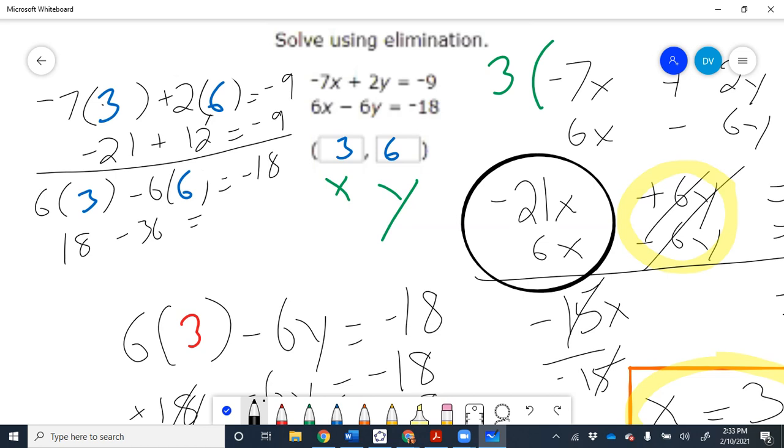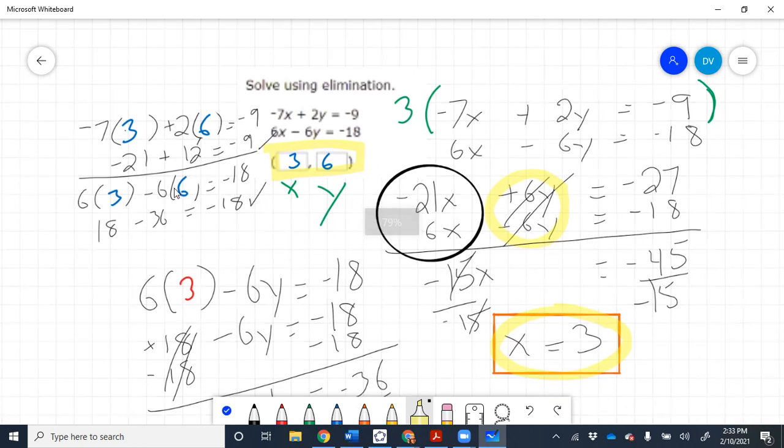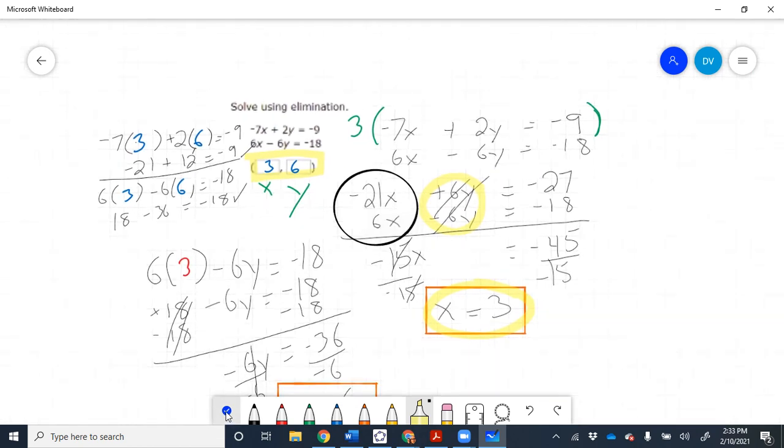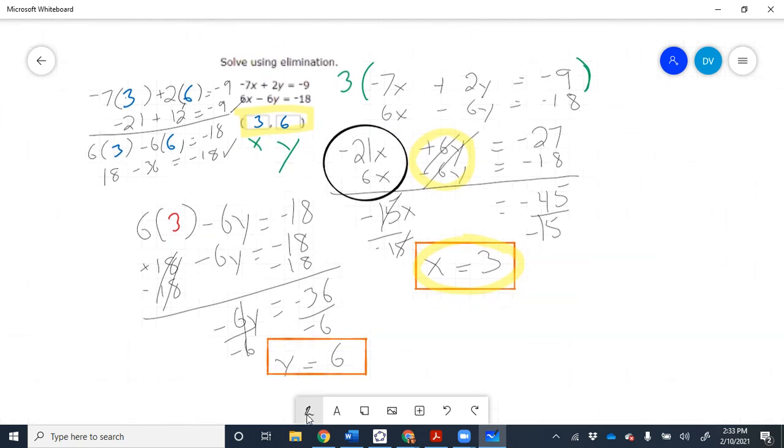And if you start with 18 and subtract 36, do you get negative 18? The answer is yes and yes. If it works in both equations, then we know our answer is correct. We already did the answer, we just wanted to check to see if it was right. Okay, so I know there's a lot of work there. So you might want to pause this, any place, and then rewind it and play it again.